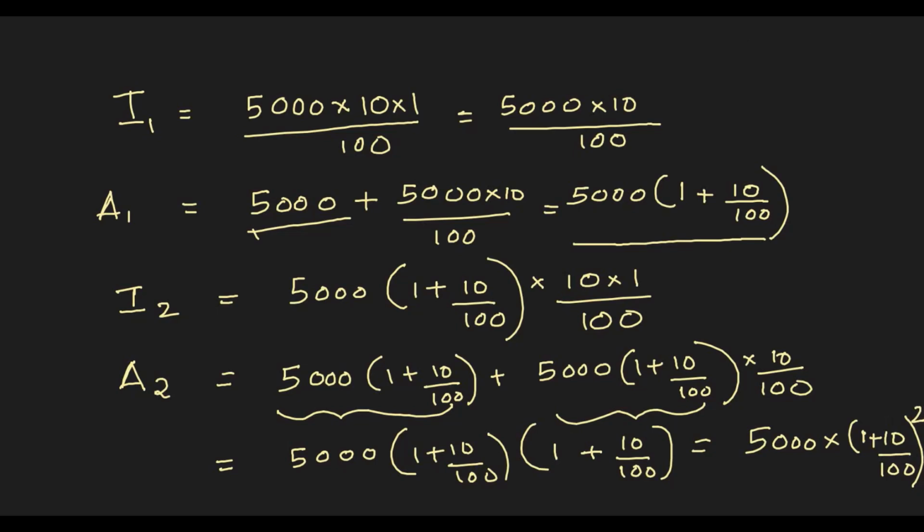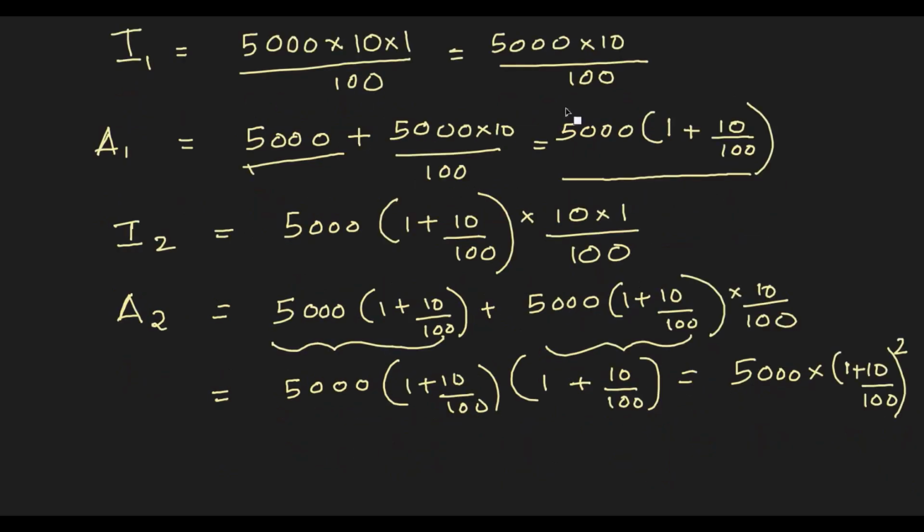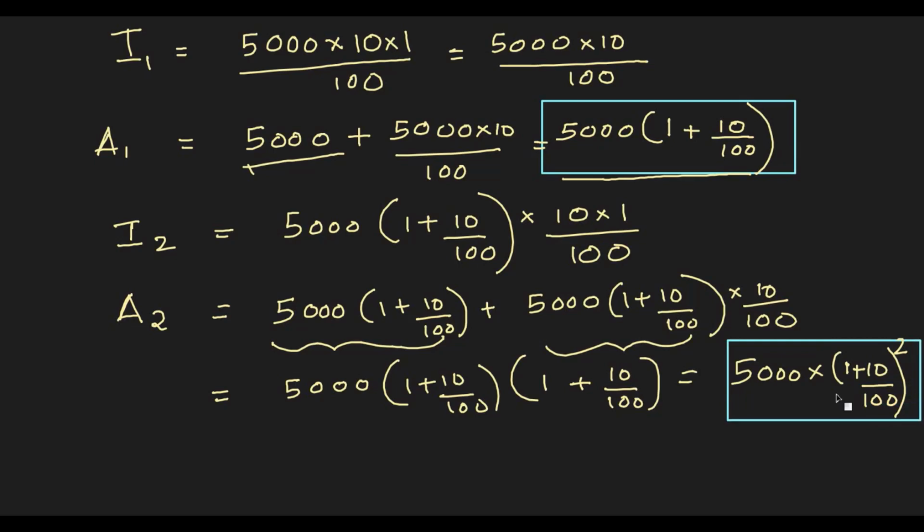If it is so, amount after 1 year you can take as 5,000 into 1 plus 10 by 100. Amount after the second year you can find as 5,000 into 1 plus 10 by 100 whole square.